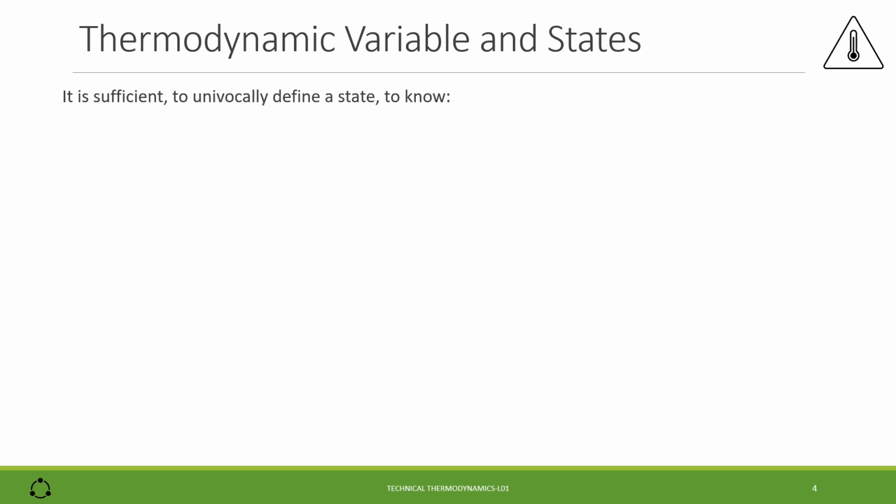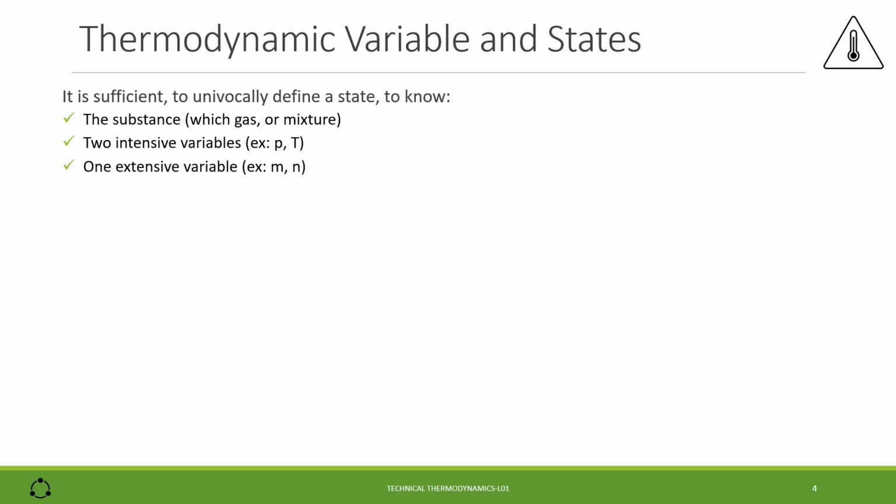To define a state, it is sufficient to know the substance, which gas or mixture, two intensive variables, for instance pressure and temperature, and one extensive variable, for instance the mass or the number of moles.